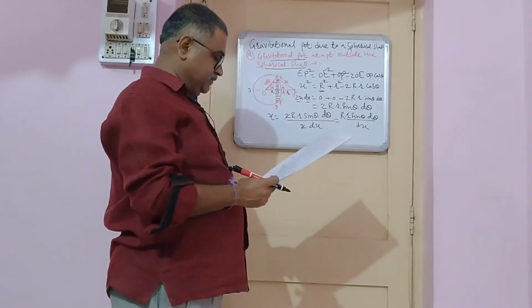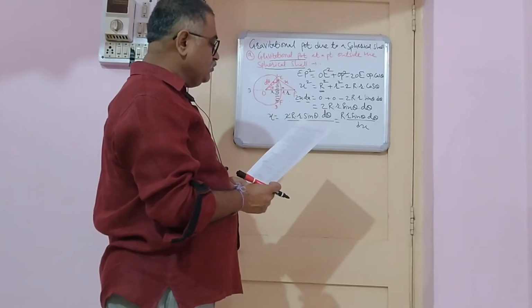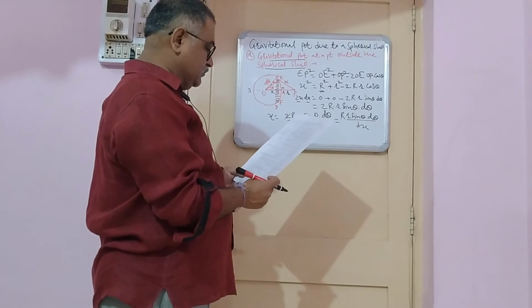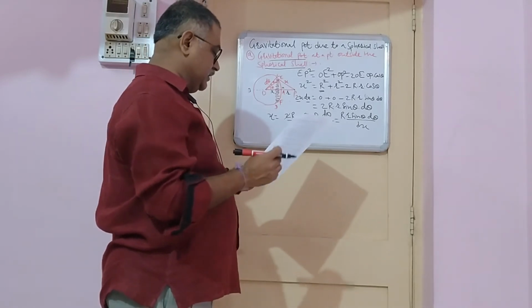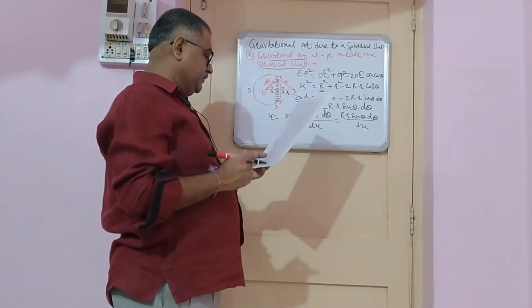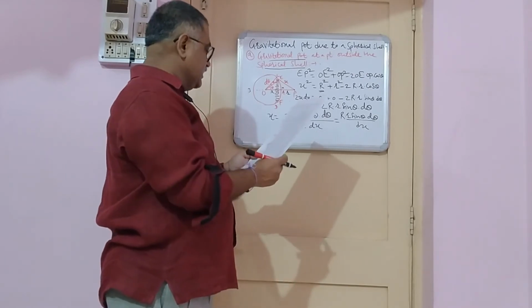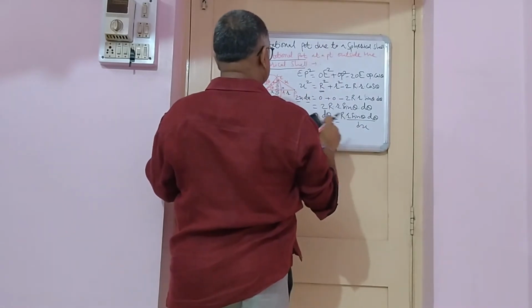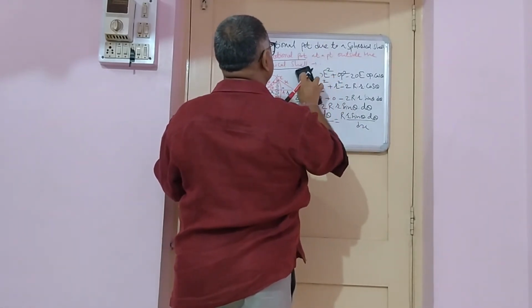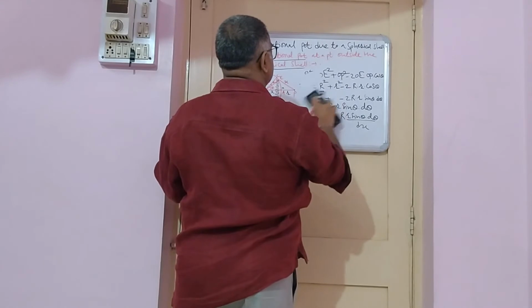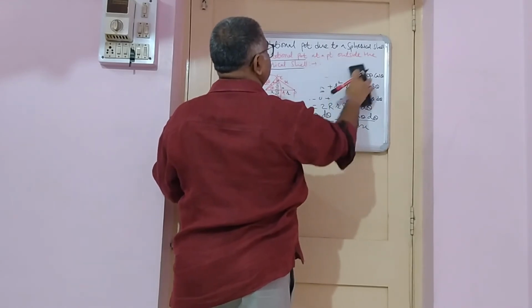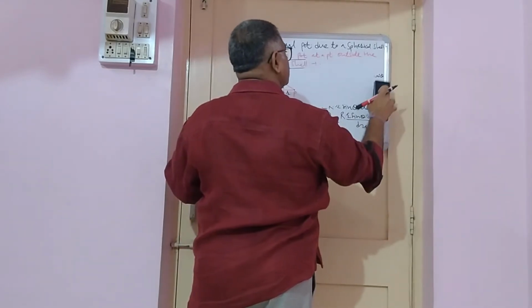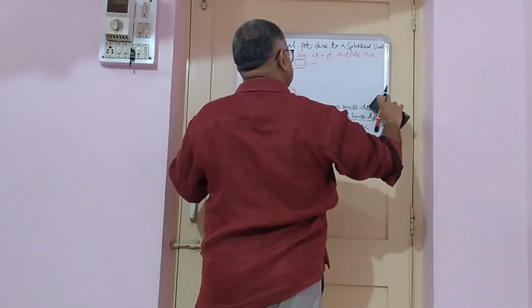In that equation we have to put the value of R into r sine of theta into d theta upon dx, and in this way we will put the value here, by which we will get the idea how the equation is going to simplify.